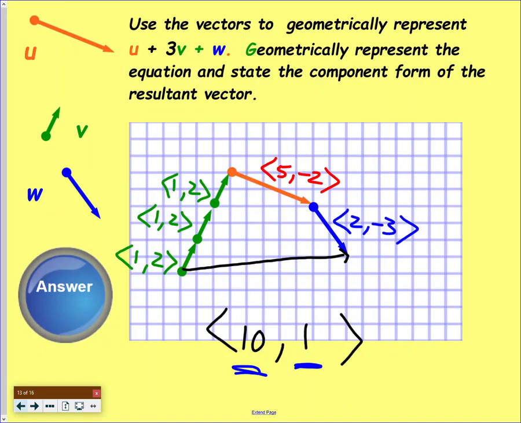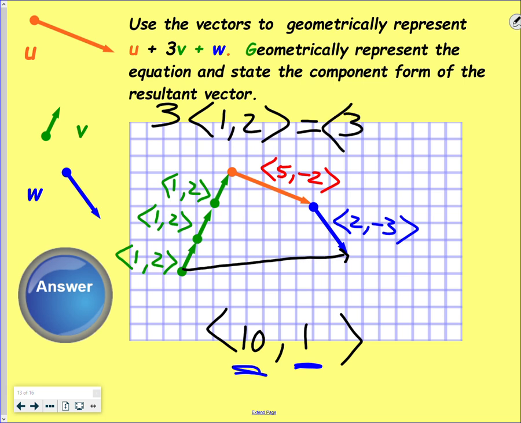We could do 3 of these 1, 2's. 3 times 1 is what? 3. 3 times 2? Okay. And so just this piece right here is 3, 6. Agree? Yes. Okay, easy peasy.